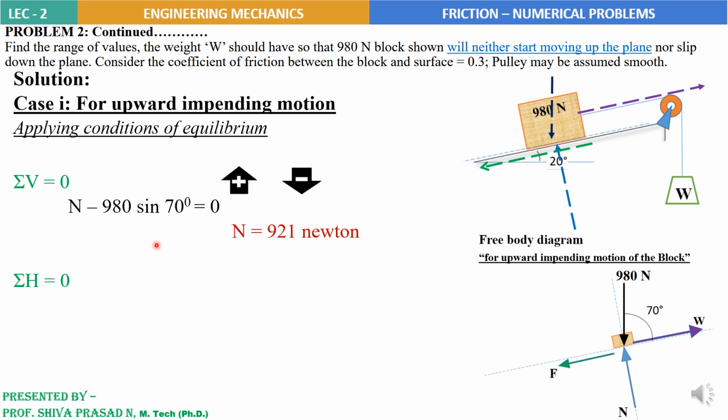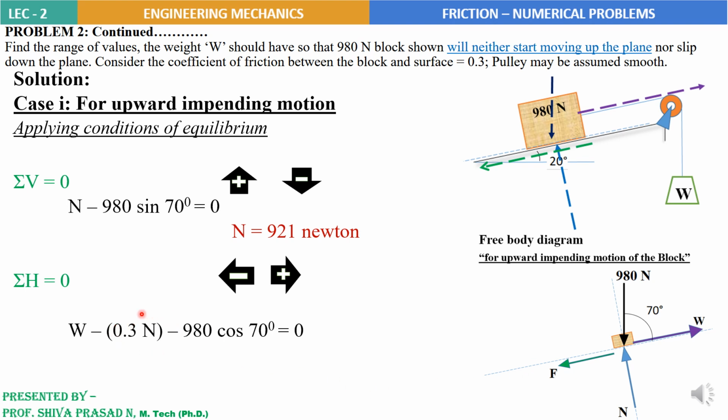Moving on to the second equilibrium condition, right side forces are assumed positive and left side forces negative. So the right side force is plus W and the left side force F is minus. So W minus 0.3 times N. What is this?